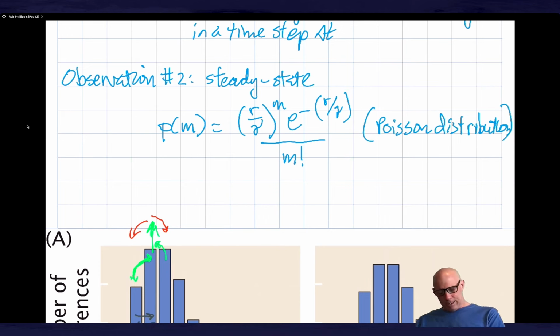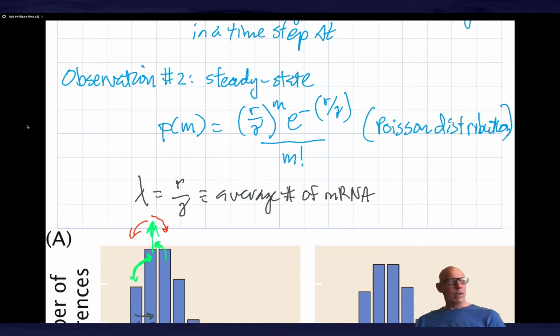Note that lambda equals R over gamma is the average number of mRNAs. And this is a one-parameter family of possible distributions. In other words, once you've told me the average, I have no other fitting parameters. So the distribution is the distribution.